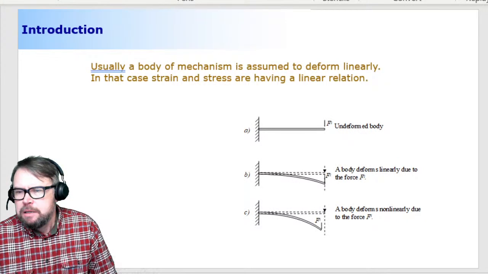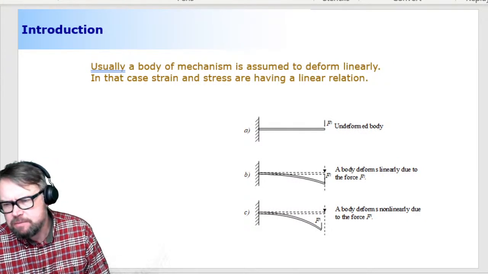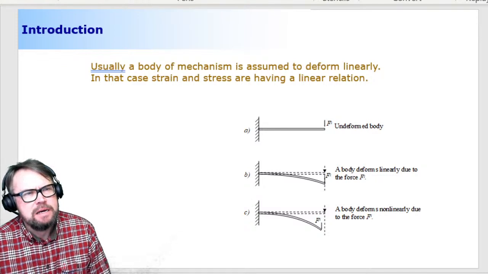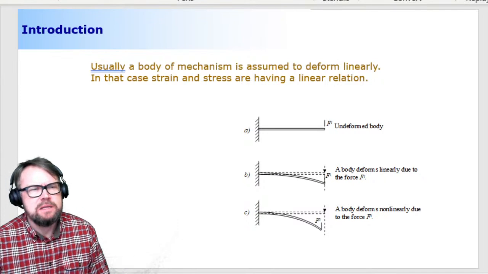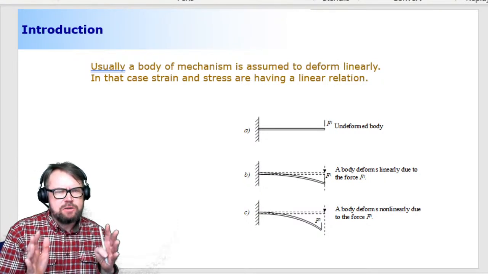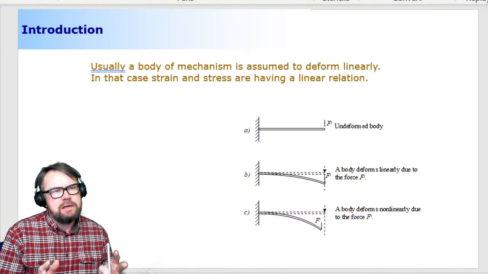Before we jump into the topic, I would like to explain something important: what kind of deformation we're looking at, because there's a discipline within multibody system dynamics called flexible multibody dynamics.